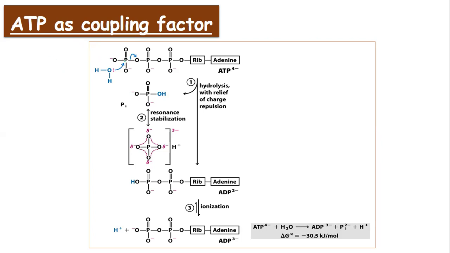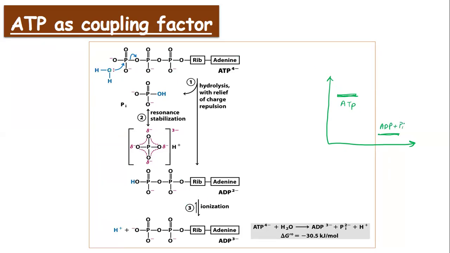One of these reasons is that the structure of ATP is thermodynamically unstable, and the products, inorganic phosphate and ADP, are stable. If you see the reaction coordinate diagram, unstable means higher energy state. So ATP is unstable and its hydrolysis products, ADP and inorganic phosphate, are stable.